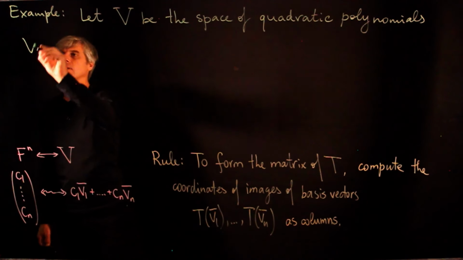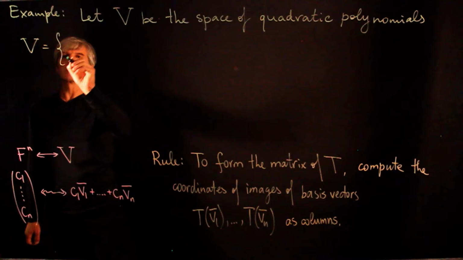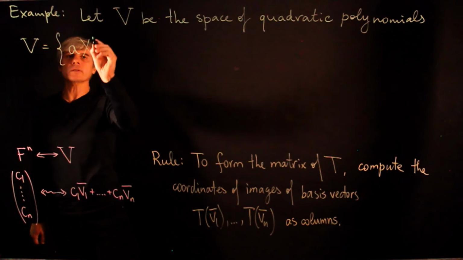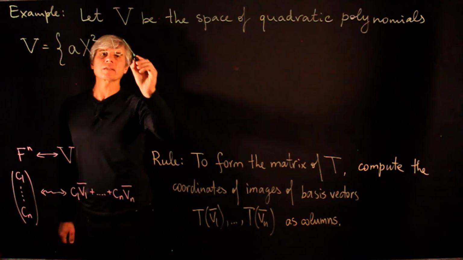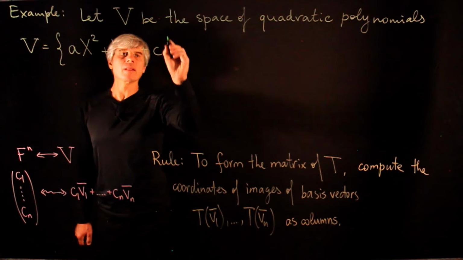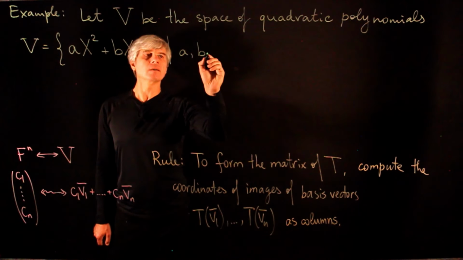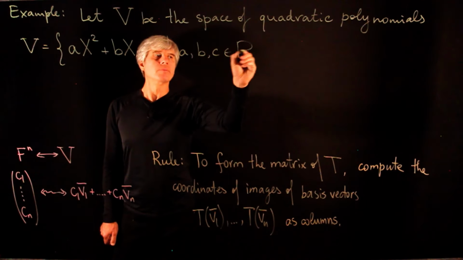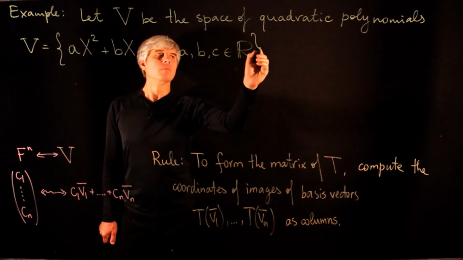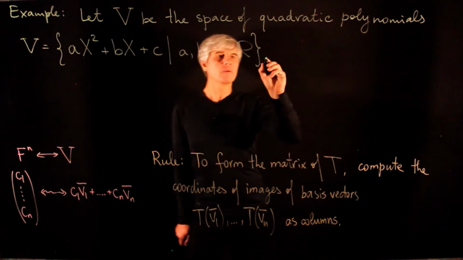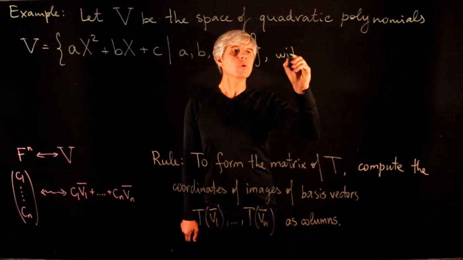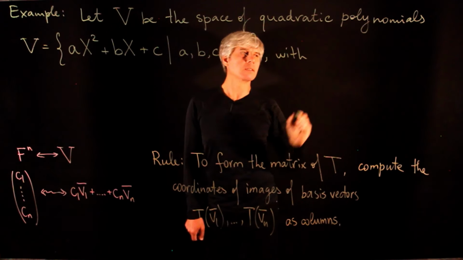So V is the set of expressions ax squared plus bx plus c, where a, b, and c are real numbers. And so we know how to choose a basis in this space.